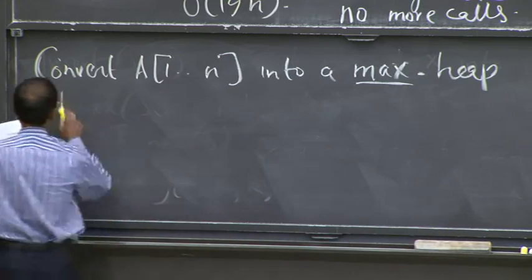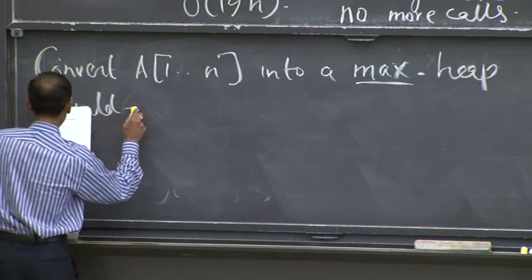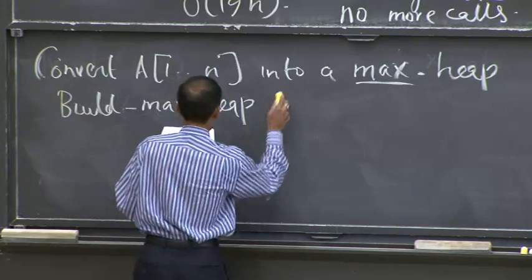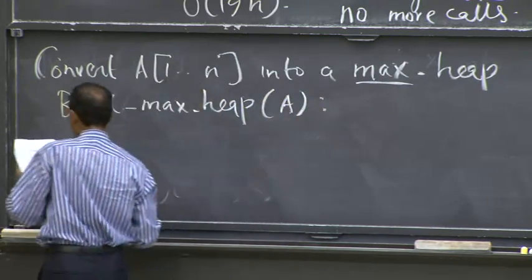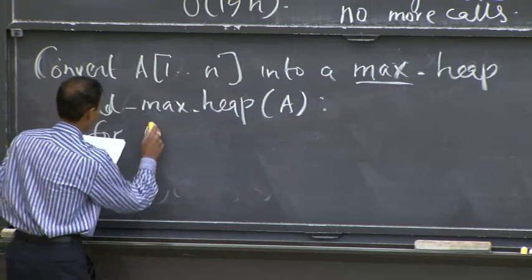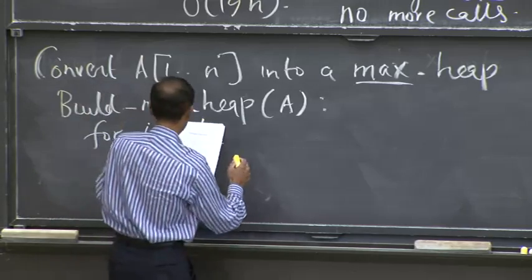And I'm going to write the pseudocode for build max heap, because it's 2 lines of code. And that's about the limit of the size of program I can really understand, or explain, I should say.